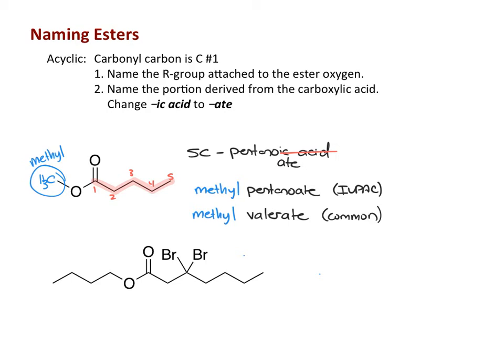Okay, this next example is a little more complex, so we're going to stick with just the IUPAC naming system. The R group on the oxygen is a 4-carbon chain, that's a butyl group. And then for our substituents, coming off of our parent, here's our parent chain.